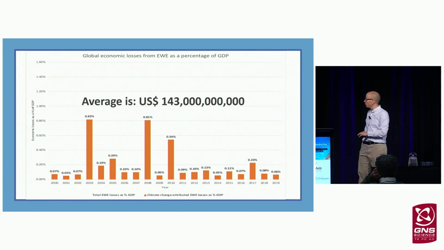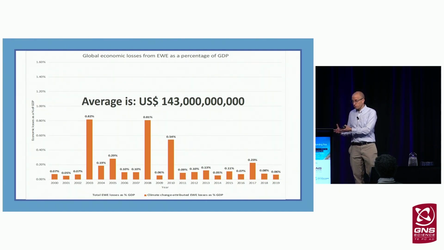But actually what I'm showing you here, that in the past 20 years, this is not going forward, this is right now. In the past 20 years, the average climate change footprint of extreme weather events was $143 billion. Okay? So we are vastly underestimating the amount of money.